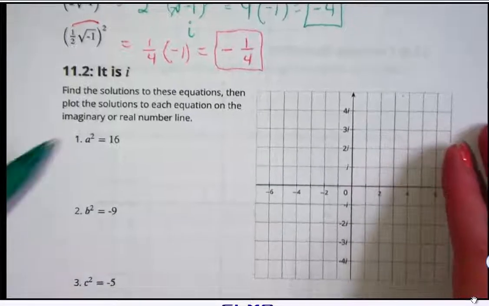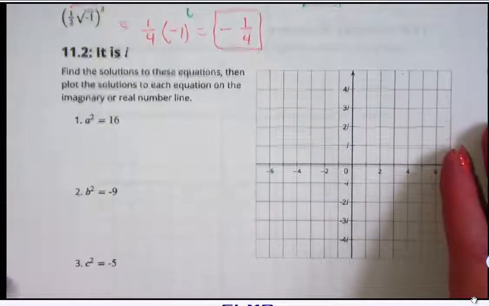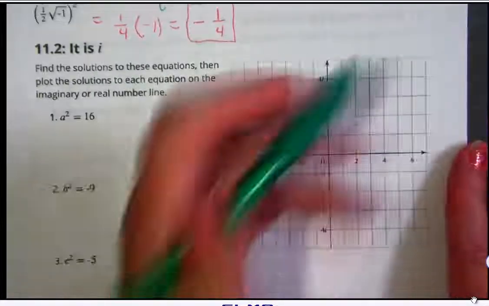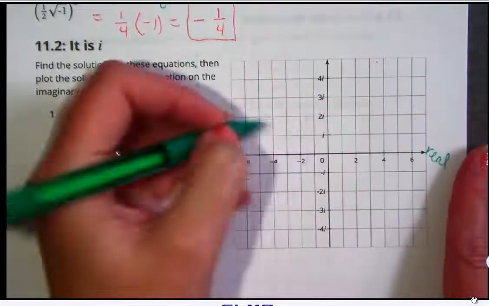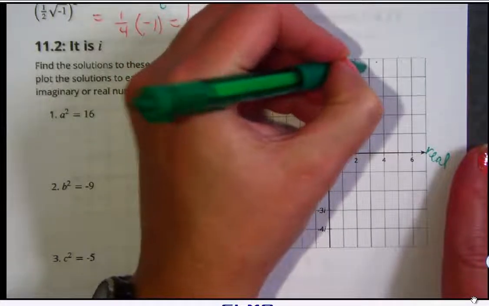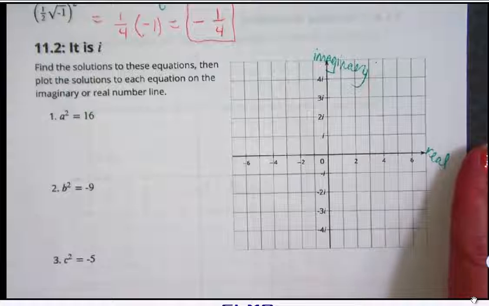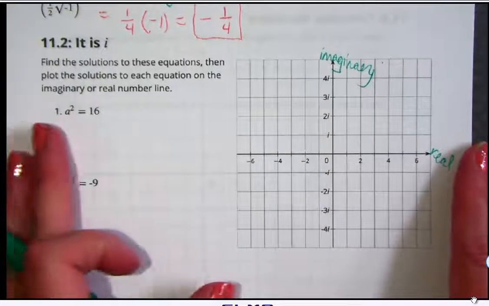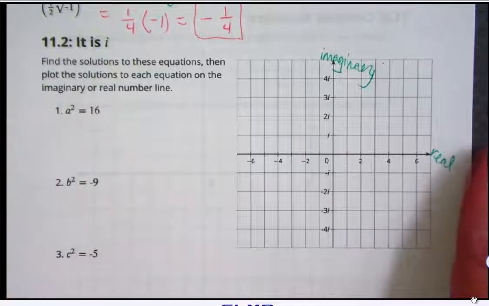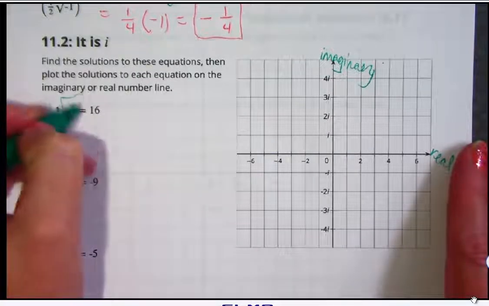So when we start looking at some solutions to these equations, we're going to plot them here, and remember again that we have a real axis here and an imaginary axis here. And so if I have a squared equals 16, well, I can think about the square roots of 16.